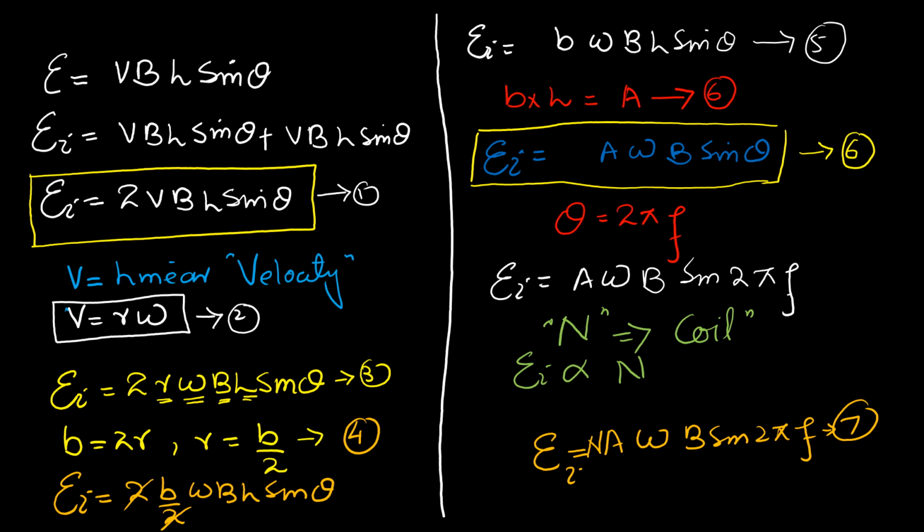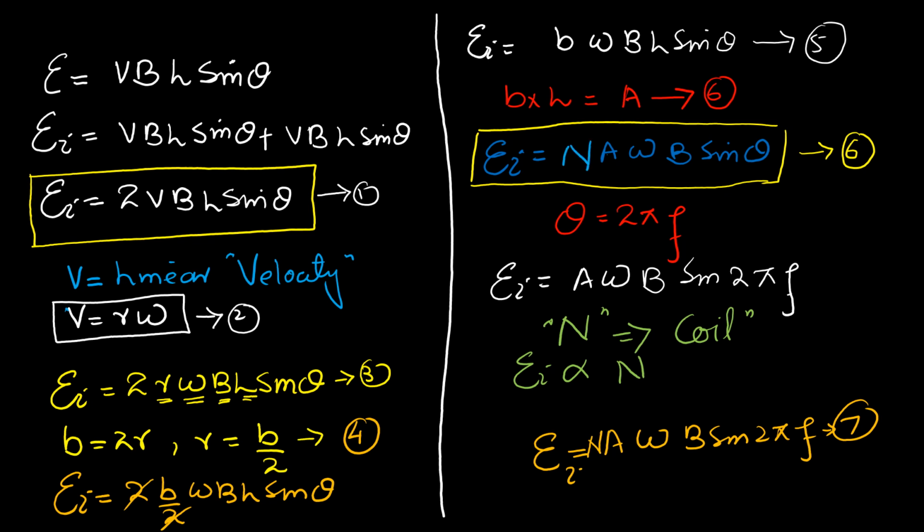Now, the general equation for an AC generator as a whole will become: induced EMF E is equal to the area of the armature, omega, B, and it will depend on the number of turns, so we will write N here.